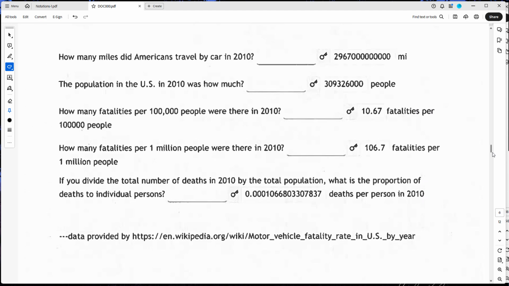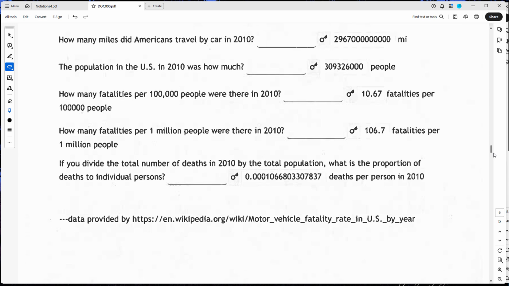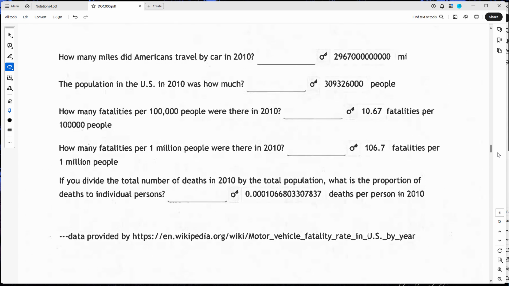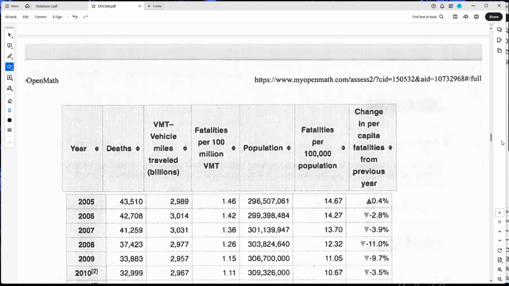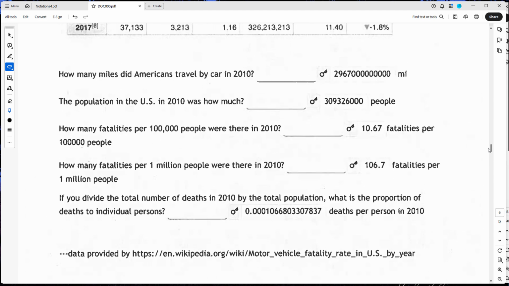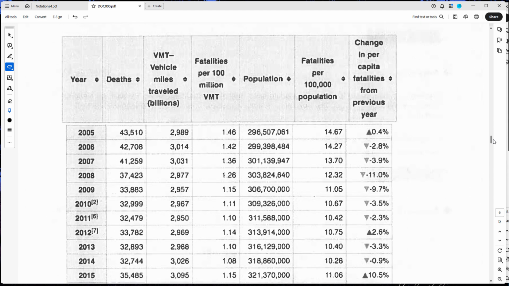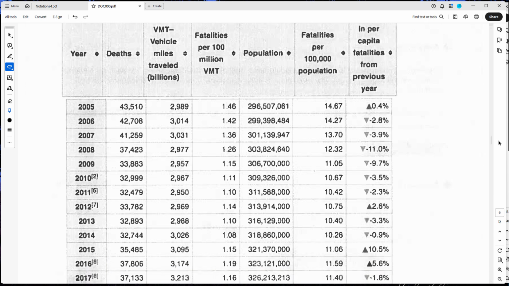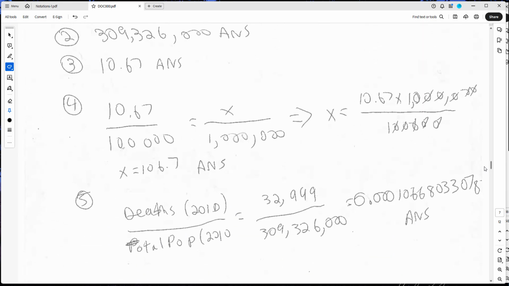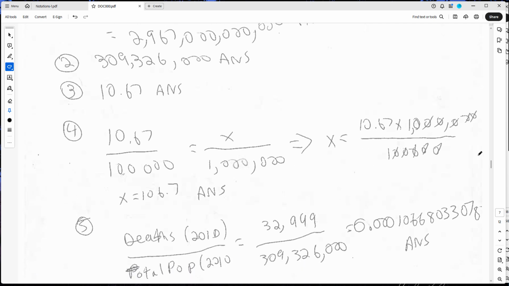Part 3: how many fatalities were there in 2010? Per 100,000, in 2010, fatalities per 100,000 in 2010: 10.67 fatalities per 100,000. Fatalities per 1 million: I set up a proportion.